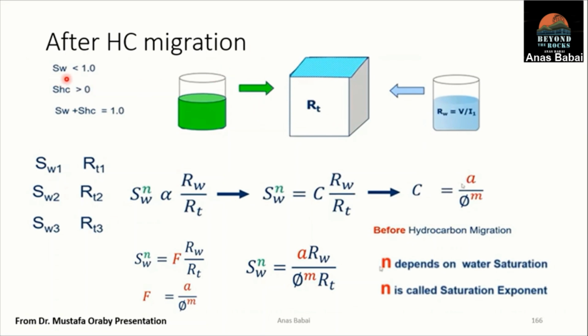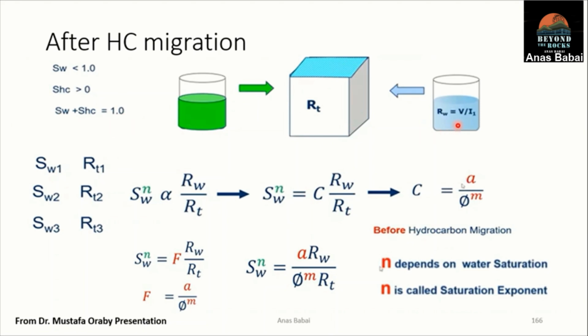In this case the water saturation is less than 1 because we have hydrocarbon, and the hydrocarbon saturation is more than 0 because we are adding hydrocarbon. In the previous case it was 0, but now it's more than 0 because we are adding hydrocarbon to this rock, and the water saturation and hydrocarbon saturation sum to 1.